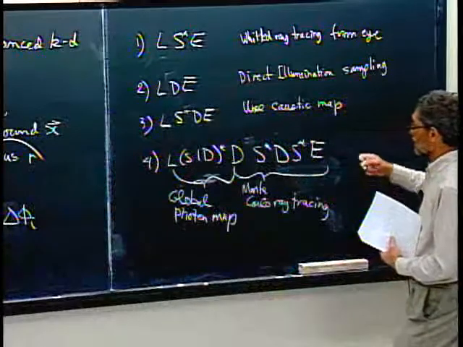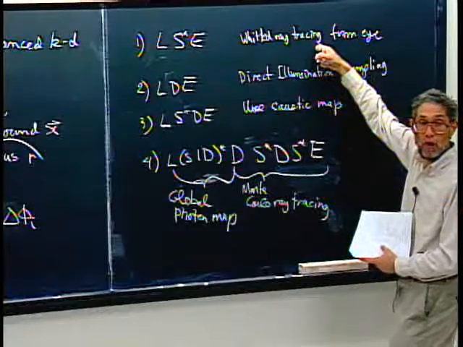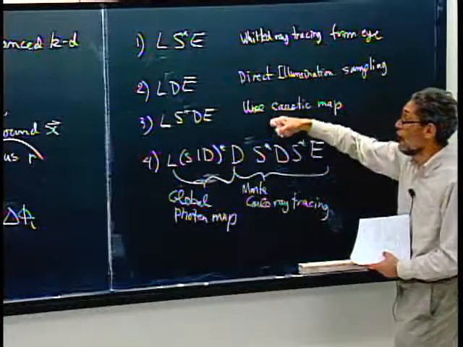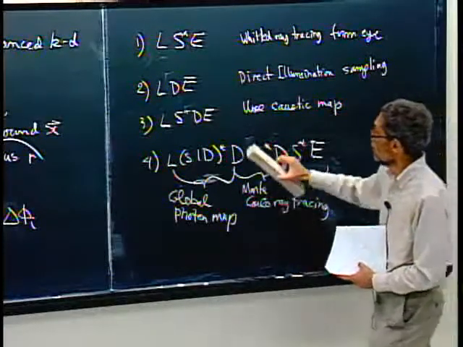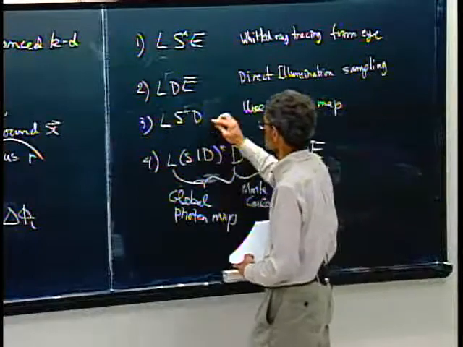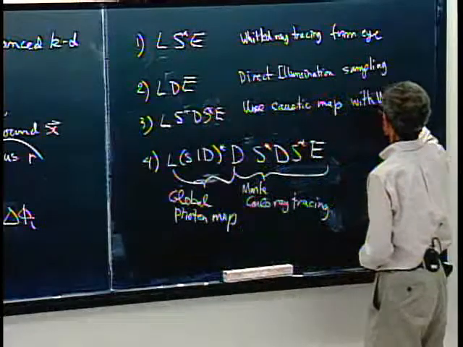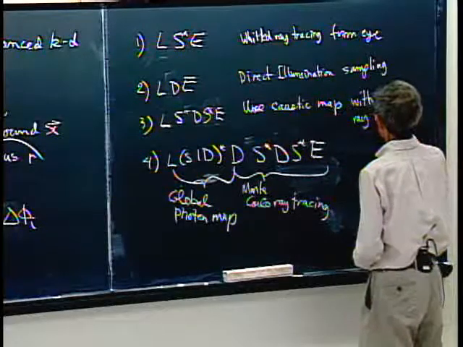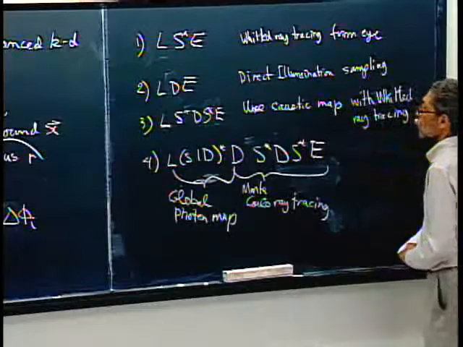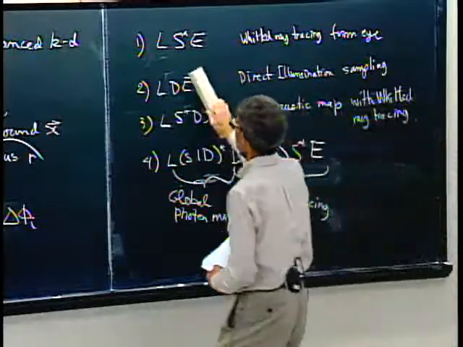And so the same argument we got last time. This one has all the paths with no diffuse reflection. These two have all possible paths. Actually, probably what I need to do is put an S star here too. I guess with weighted ray tracing. Does that get me all paths? No, I need S star here, right?